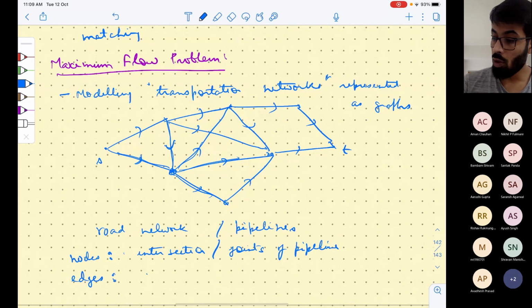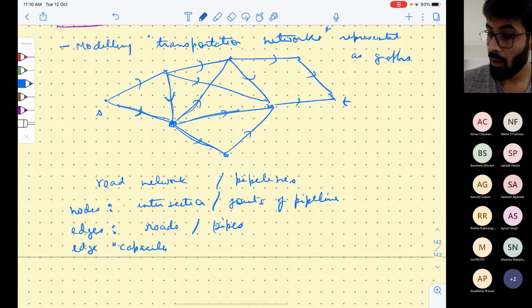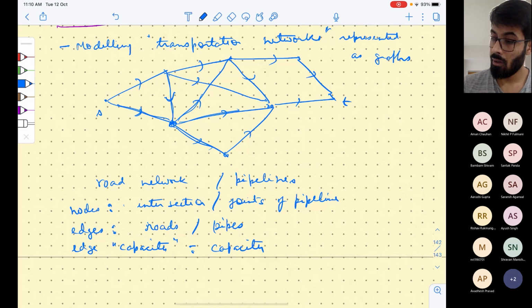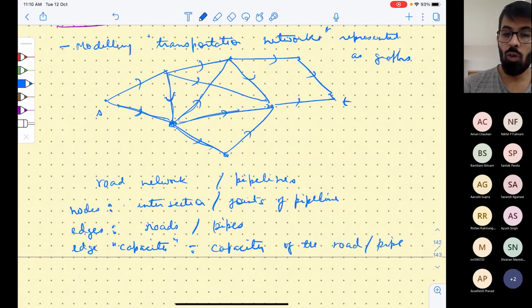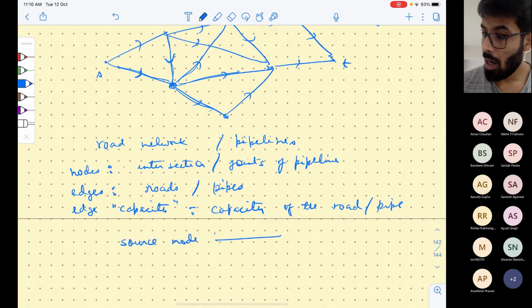Right? What are the edges? Edges are the individual roads or pipes. Right? And every edge has something called an edge capacity, which is the capacity of the road or pipe. And what do we want to do? We want to generate some flow. Okay, so there is a source node, and from there we want to get to the sink node.